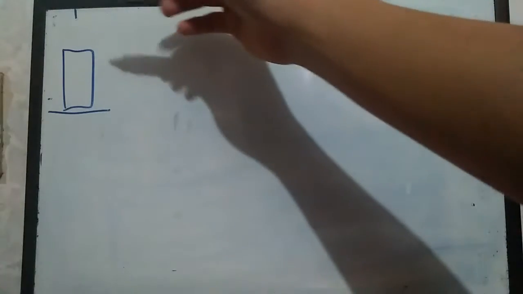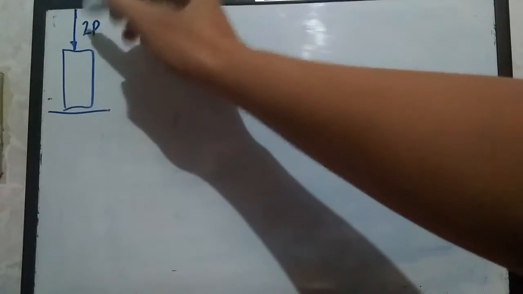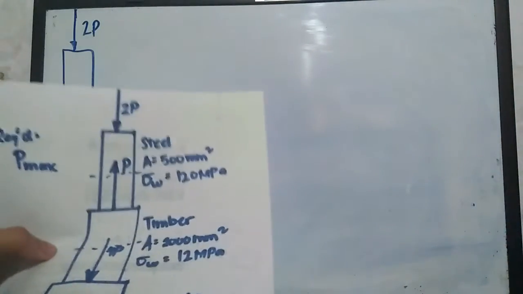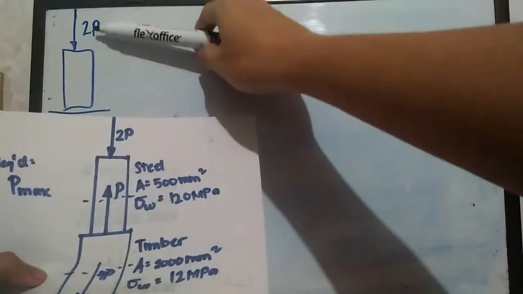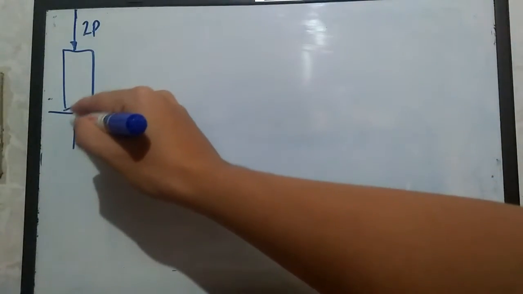For this problem, we have 2P going downward along the vertical axis. According to the laws of equilibrium, there should be a counteracting force. If 2P is going downward, then obviously this one should be going up in order to counteract 2P.